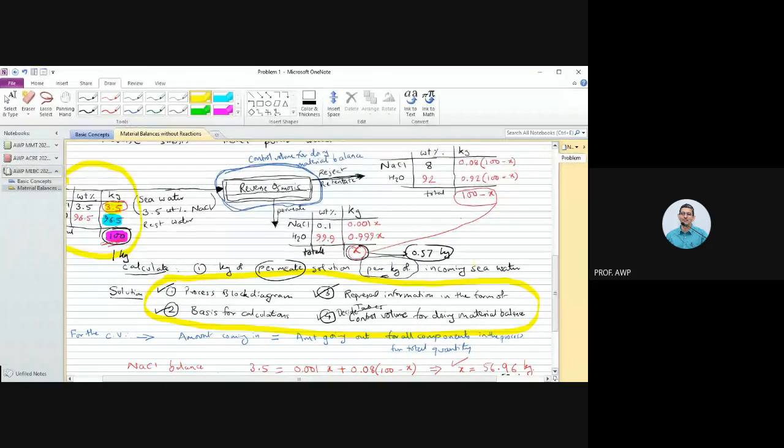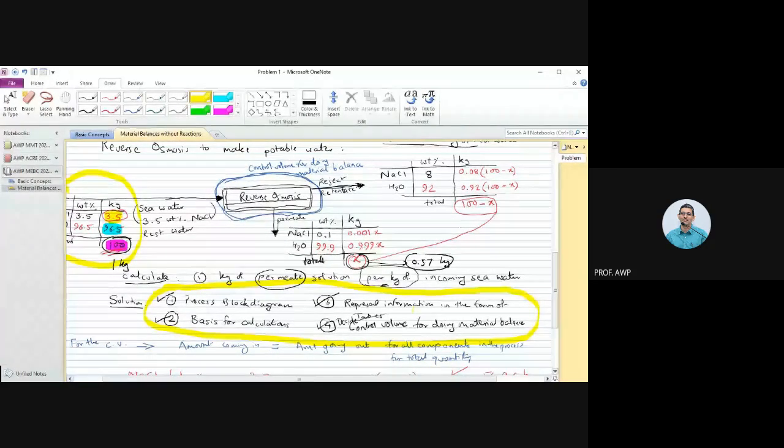But as we go to more and more complicated problems in the next couple of classes, you will see the utility of drawing a process block diagram, writing a basis, representing the information in the form of tables, and taking control volumes and doing the material balance on that control volume. This methodology that we have seen, we are going to follow for all the problems.